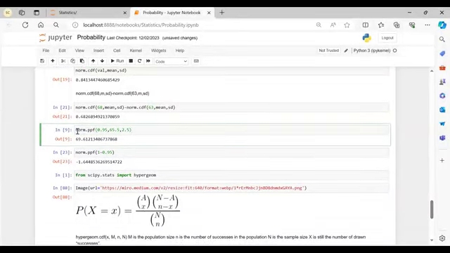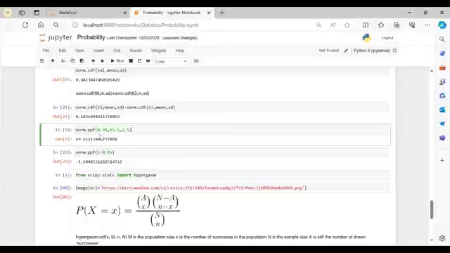Now this PPF, PPF is an interesting function. If you know the probability, and based on the probability you want to find out the number, okay. So for example, I want to find out at 95% chance, what would be the value below which I'll get the values.